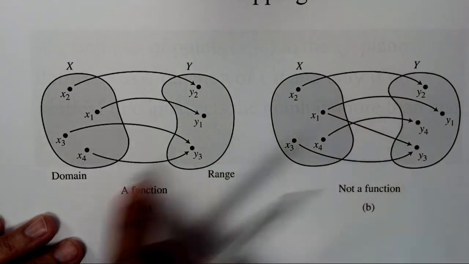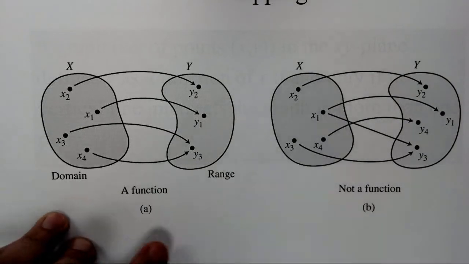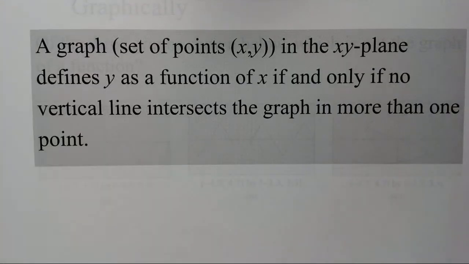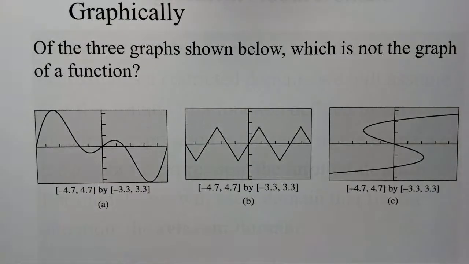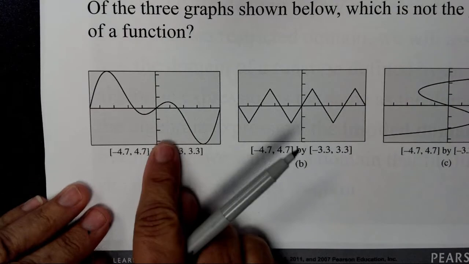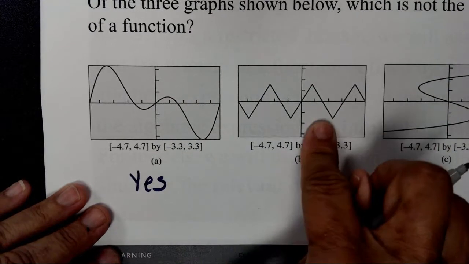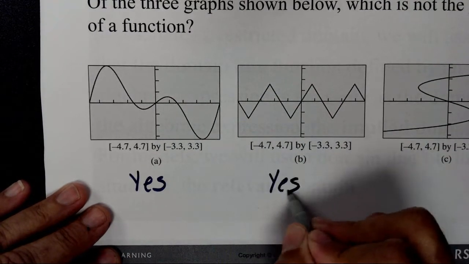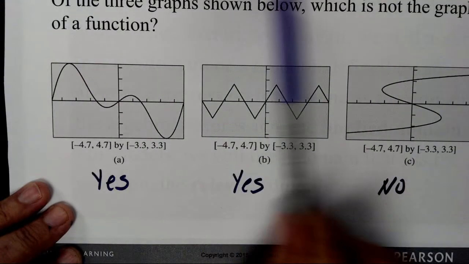No. So function, not a function. Everybody's good, right? Vertical line test. You ever heard of that before? So here's some graphs. Function? Yes. Function? Yes. Function? No, because it does not pass the vertical line test.